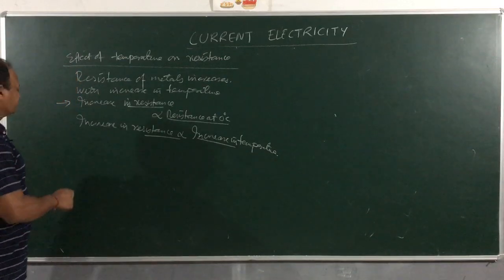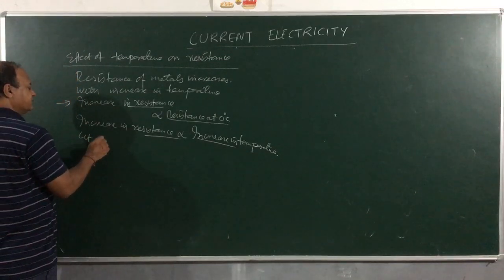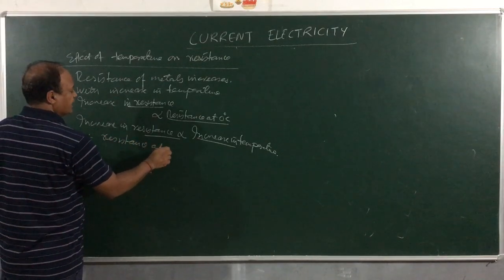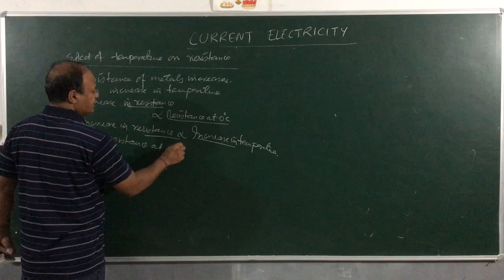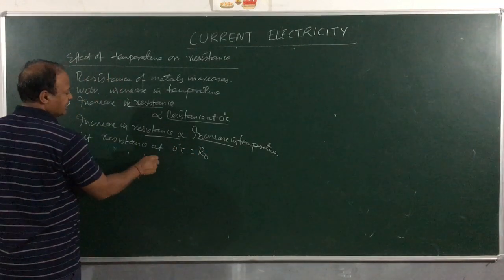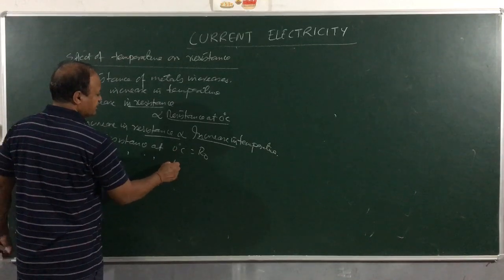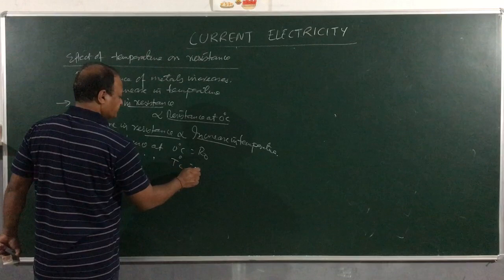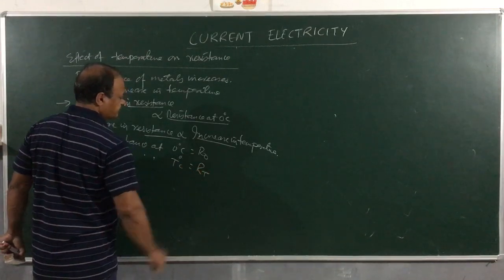So let's assume, let resistance at 0 degree Celsius be R0 and resistance at T degree Celsius be RT.